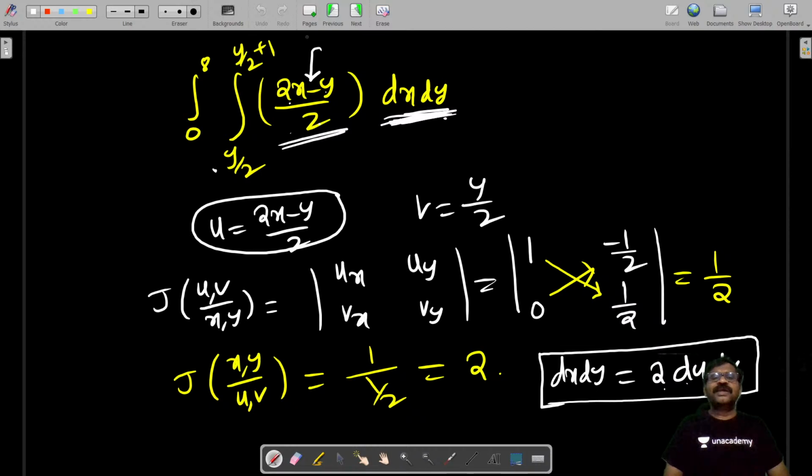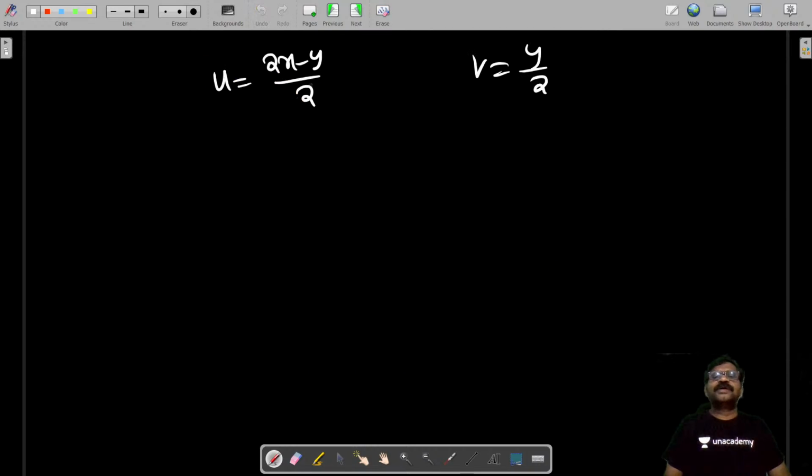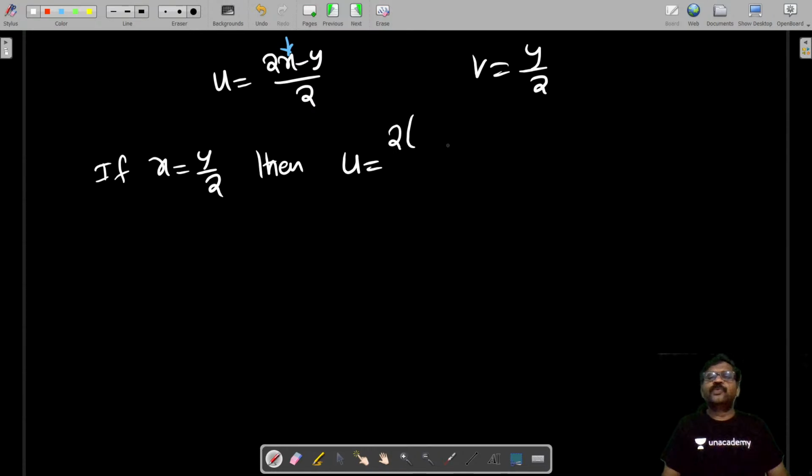Now, if x equal to y by 2, then u is equal to 2 into, in the place of x, I am substituting, 2 into y by 2 minus y by 2, that is y minus y by 2, that is 0.